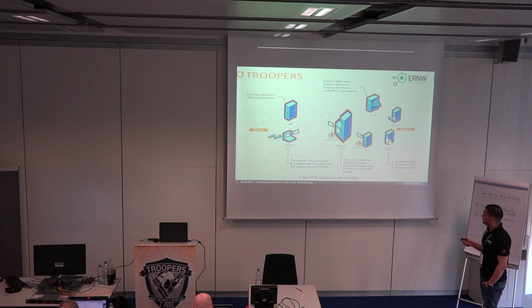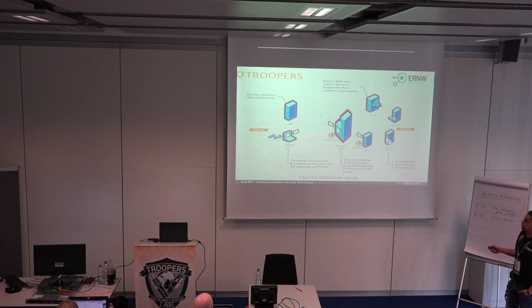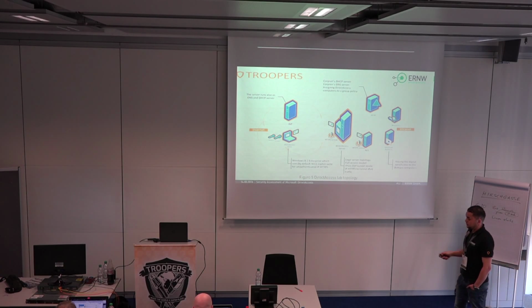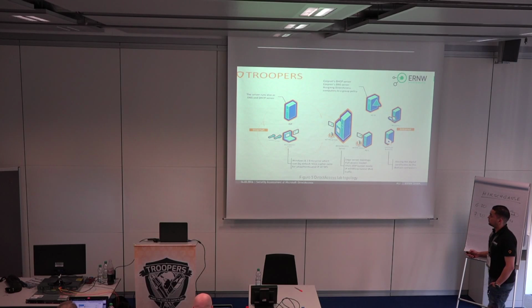So this is the topology that I used. All of these running here are deployed in this scenario. So I have the CoreNet here, and I have the internet side. I don't have a local subnet for the DirectAccess client, it's just on the internet and gets an IP address directly from the ISP server that is running inside the hypervisor.